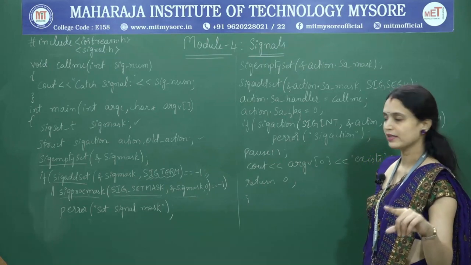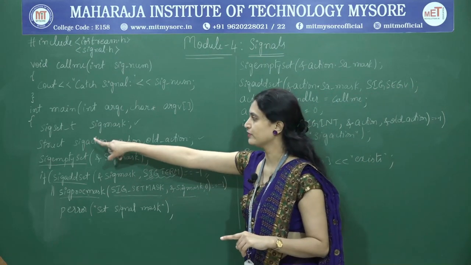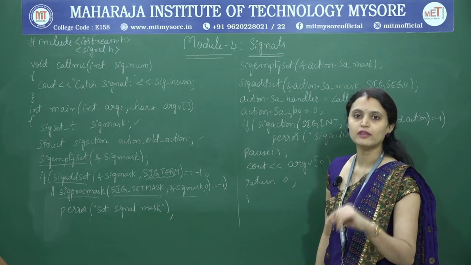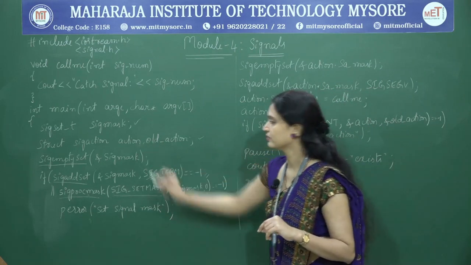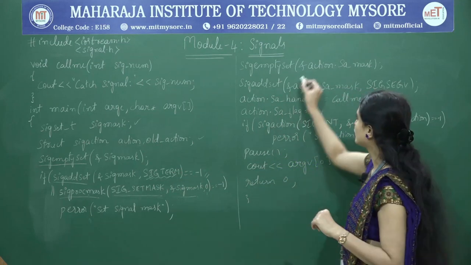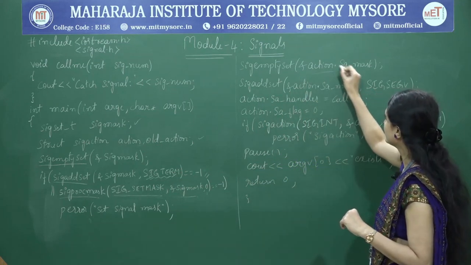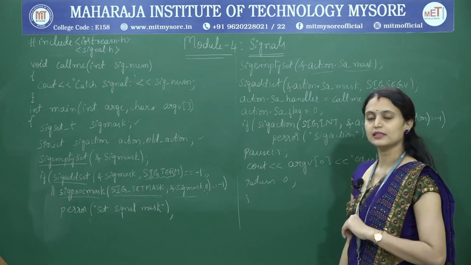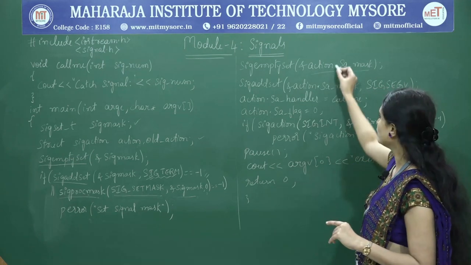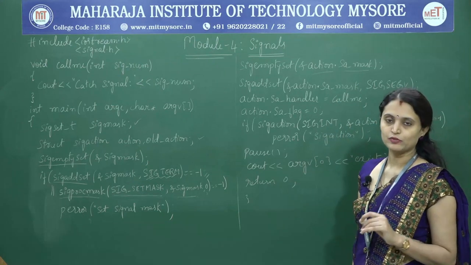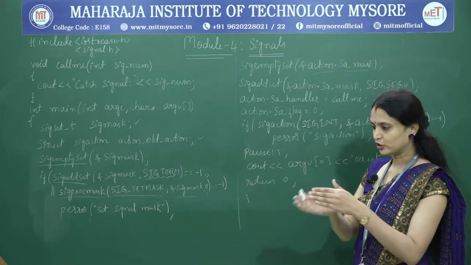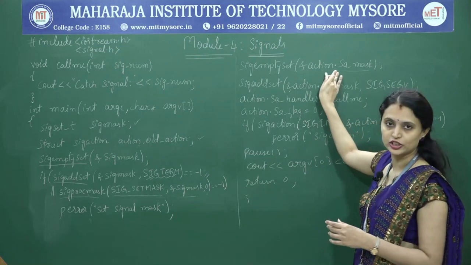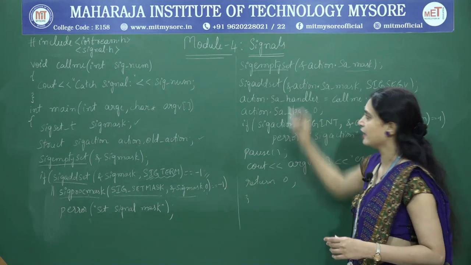One signal mask is of type sigset_t, and the other is with the structure variable action, that is action.sa_mask. Since it is a structure variable, we are making use of dot here. So we are clearing the structure variable mask of this particular action by using this sigemptyset API.